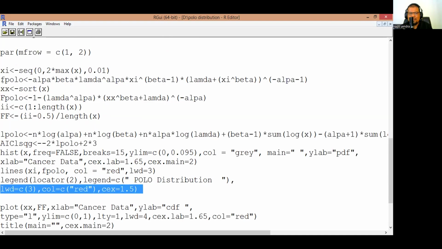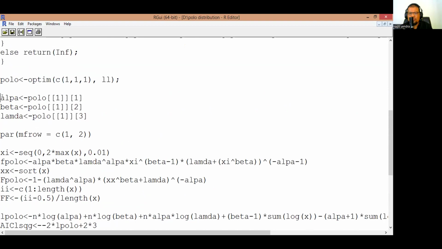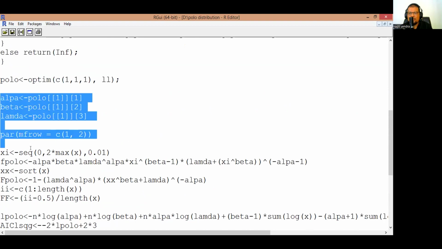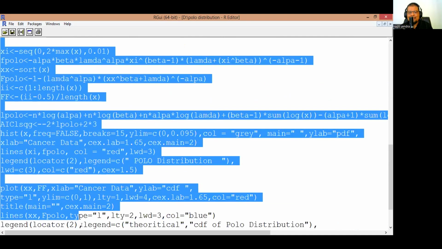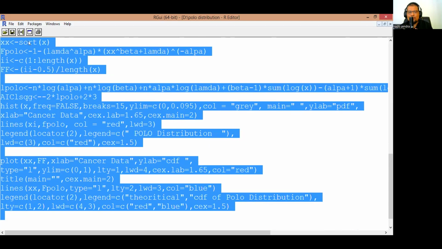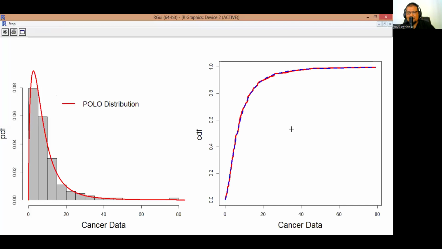Okay, let's run our program. We will show you the two kinds of plot, the density plot and then the cumulative plot. Okay, you can check here. There is a PDF plot, or density plot.